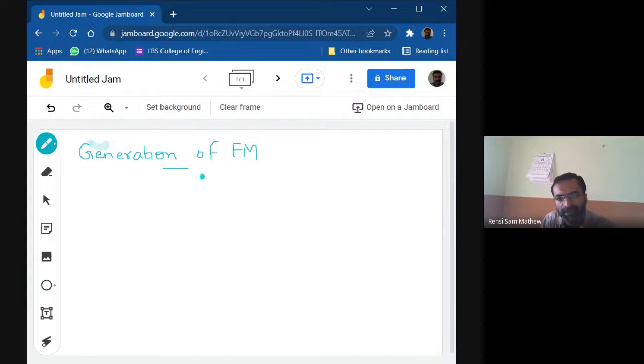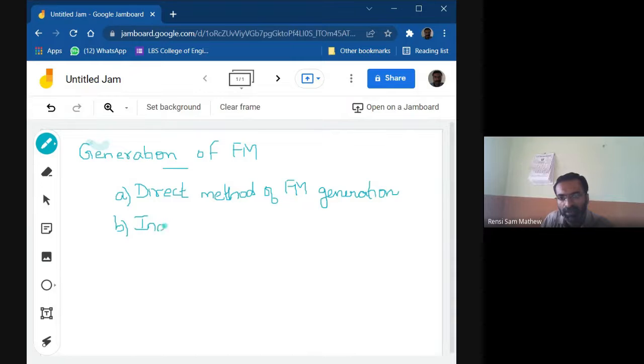Generally speaking, there are two methods of FM generation. One is called the direct method of FM generation, and the other is the indirect method. In the direct method, we are directly generating FM.